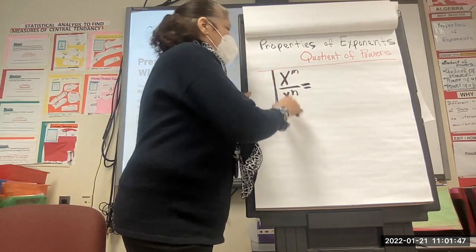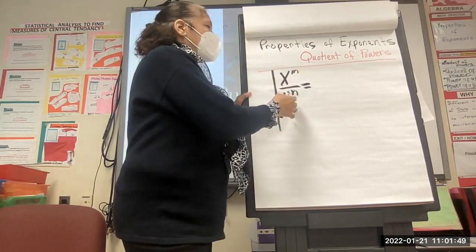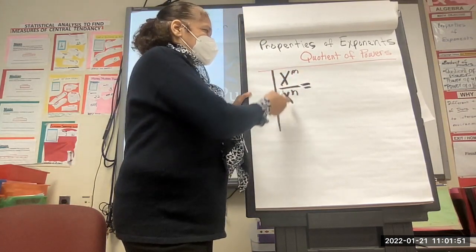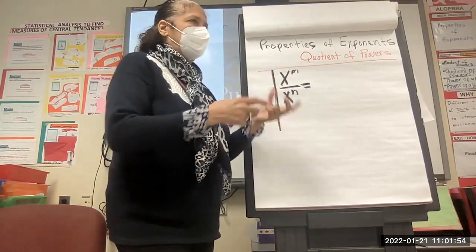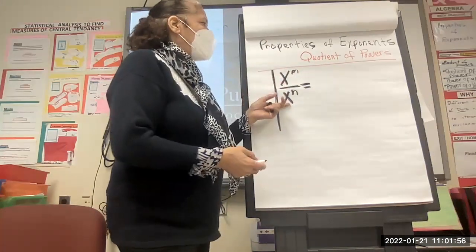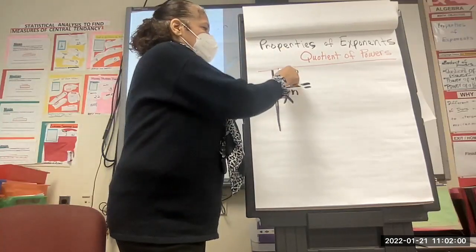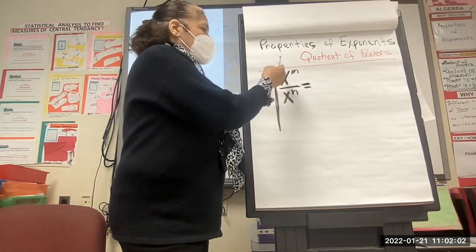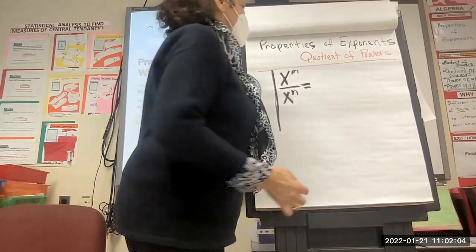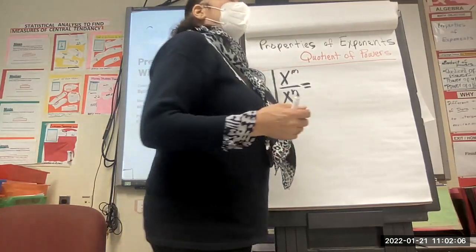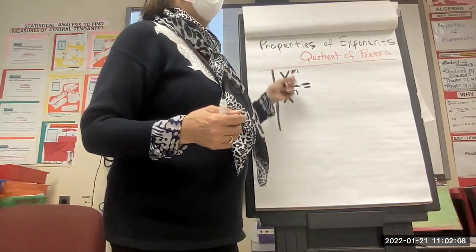So when you have a division problem and the bases are the same, x and x are the bases because those are the big numbers, the physically larger numbers that hold the exponents on their shoulder, as long as the bases are the same, the powers say, we don't want to divide.